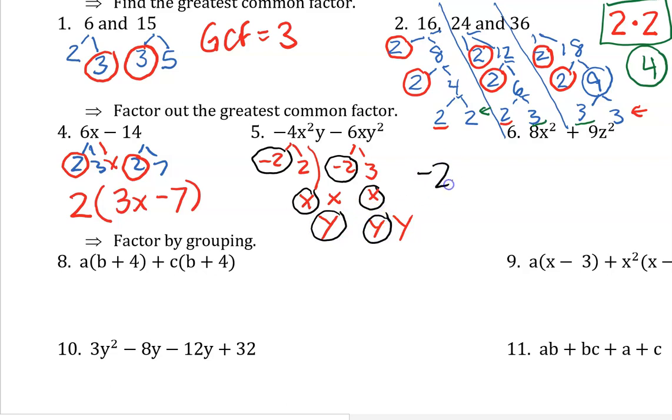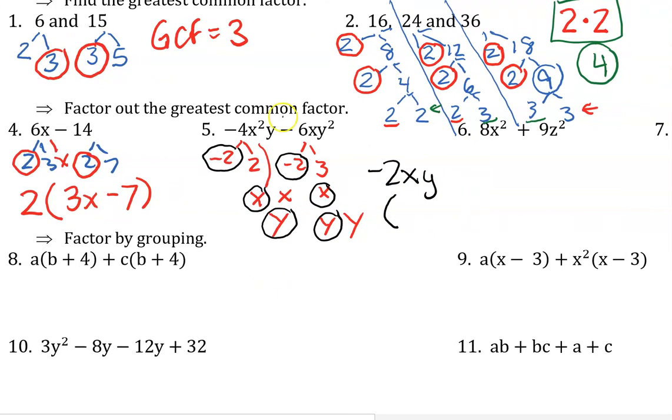Negative 2, x, y. And then what's that being multiplied by? Well, for the first part, I have remaining a 2 and an x. In the second part, I have remaining a 3 and a y. You'll note that it's now plus because I factored out the negative.